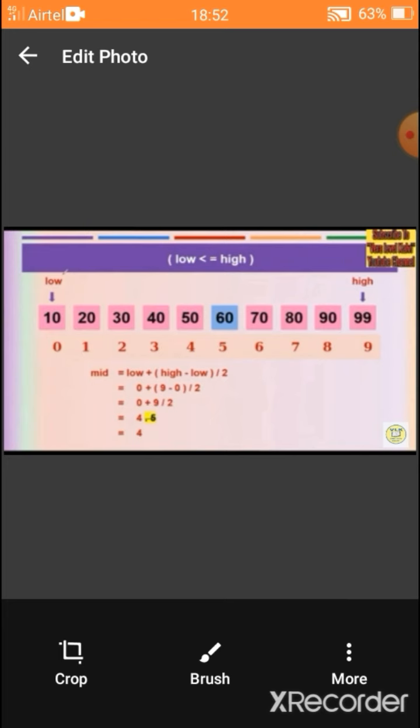So 50 and 60 are compared with each other. 60 is greater than 50. So now we are going to search to the right side. So now our indexes are 5, 6, 7, 8, 9. So this part alone we are going to search. So it is called half interval search.